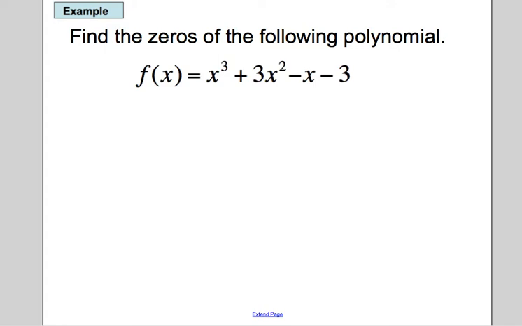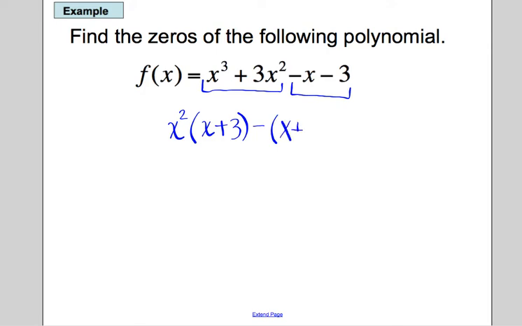I'm going to start by grouping together the first 2 pieces here. Now those 2 pieces have an x squared in common, so I'm going to pull that out in front. When I pull that out in front of the first piece, I'm left with an x. When I pull it out of the second piece, I'm left with a 3. When I group together the second 2 pieces, I notice they both have a negative in common, so let's pull out that negative.